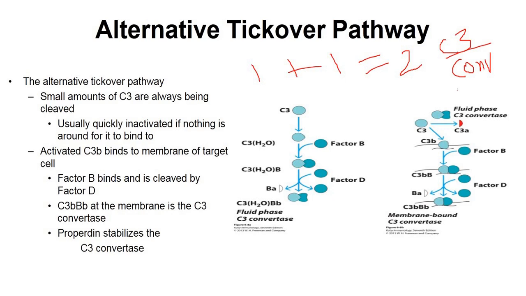That is, 2 C3 convertases, which I will be explaining in a classical Dr. Raktim Mukherjee style of lecture: one is fluid phase C3 convertase and another is membrane bound C3 convertase.